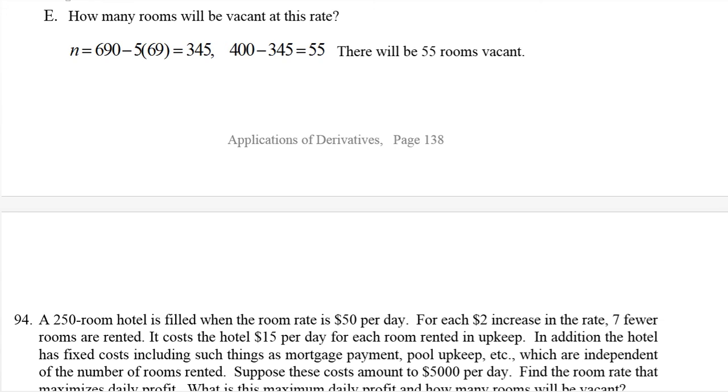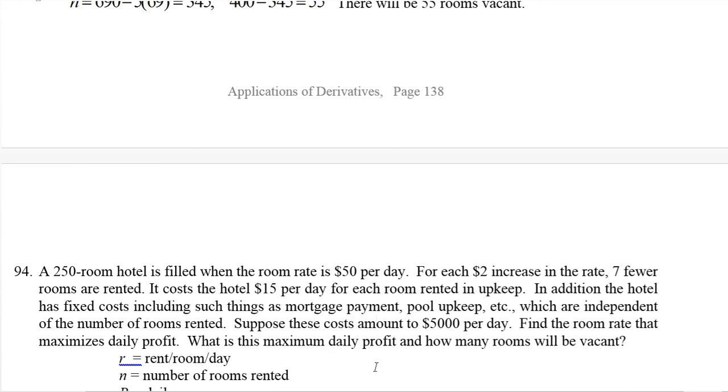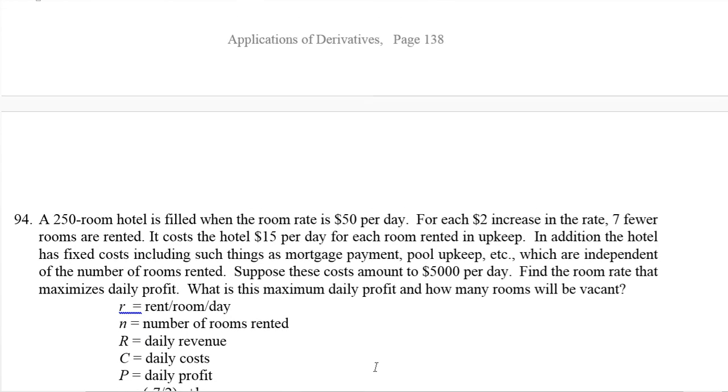In addition, the hotel has fixed costs, such as their mortgage payment, the pool upkeep, and so forth, which are independent of the number of rooms rented. Let's say these costs are $5,000 a day. Find the room rate that maximizes not revenue this time, but daily profit. What's the maximum daily profit, and how many rooms will be vacant?